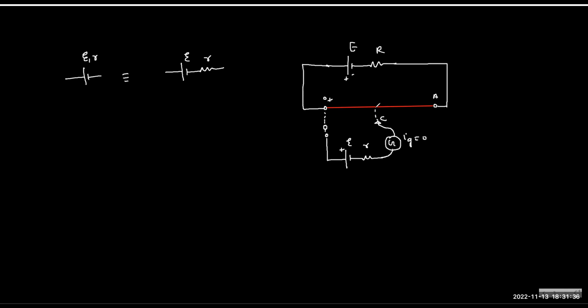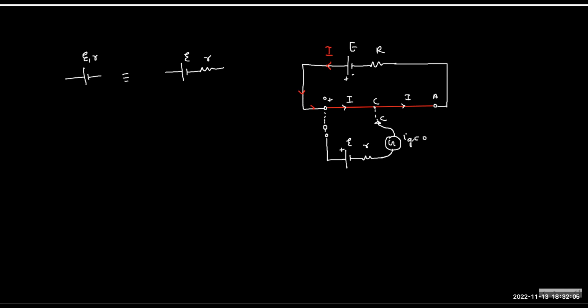So when you do so, when there is no current through the galvanometer, which means there is no current through the cell, isn't it? And if there is no current through the cell, it means something really interesting. It means the current in the actual circuit coming like this, and the same current is going through the wire.